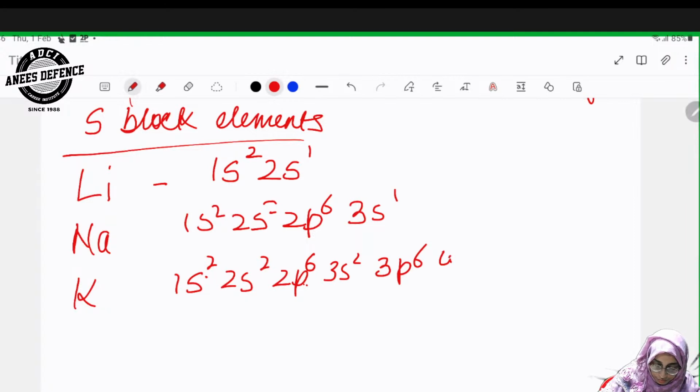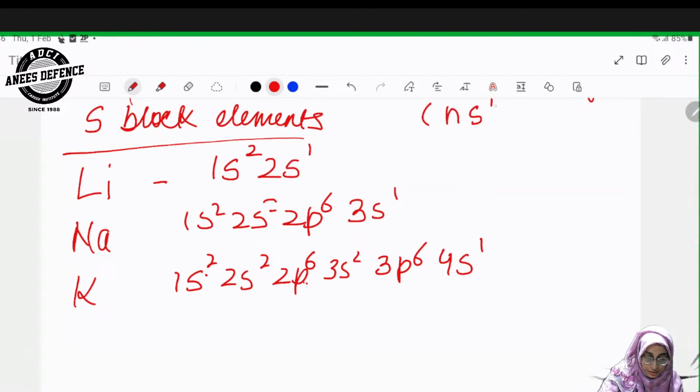Yes, correct, 4s1. So what happens here is that the valence electron, the last electron, lies in the s orbital. These ns1 elements are known as alkali metals.